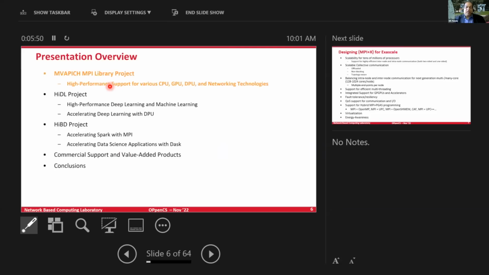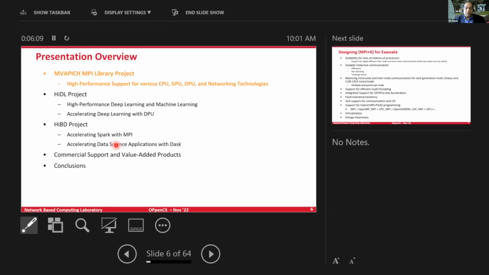So in this context, I'll introduce the MVAPICH MPI library project. If some of you are not familiar, I'll show some performance numbers of this library. Then I'll go into another project, HiDL, which is a high performance deep learning and machine learning project. And then I'll go into HiBD, which is the high performance big data project.